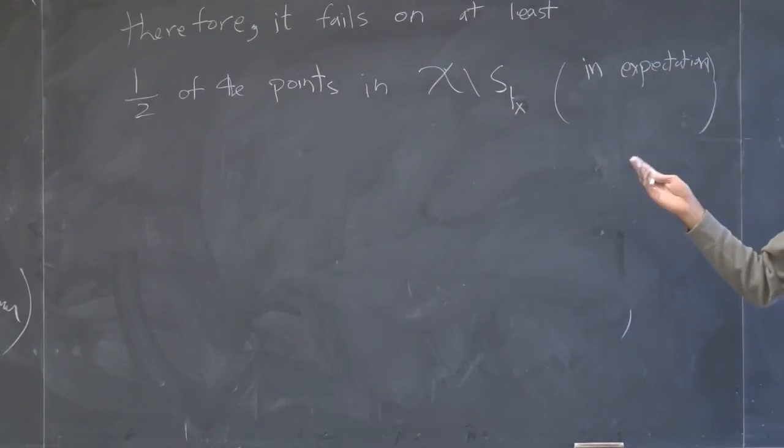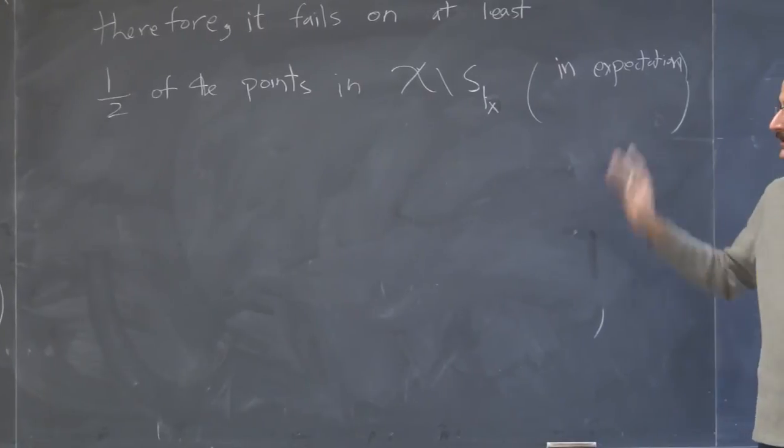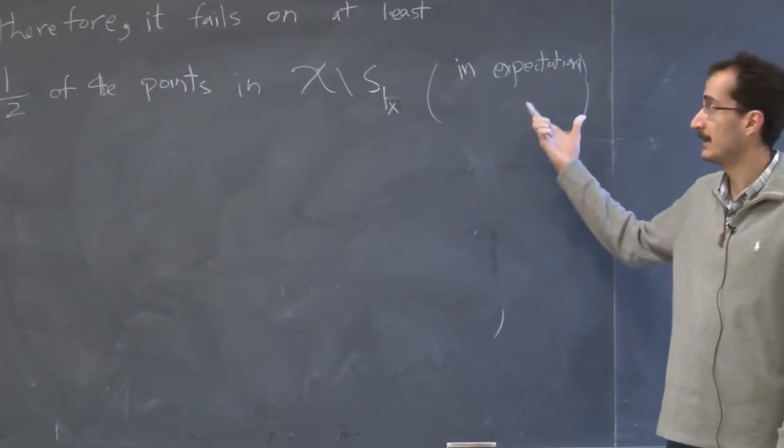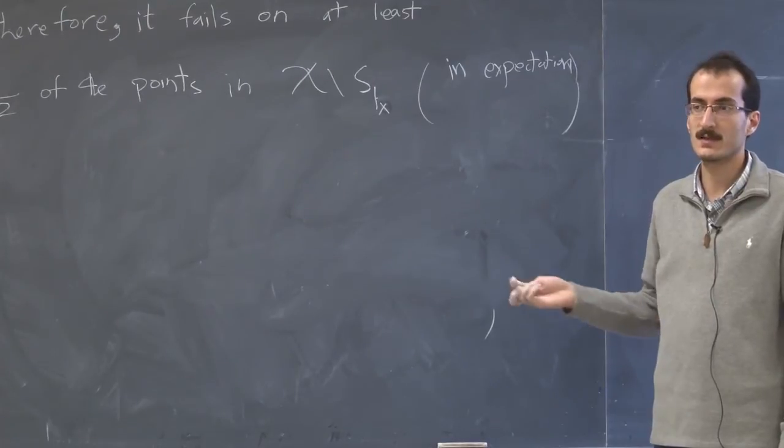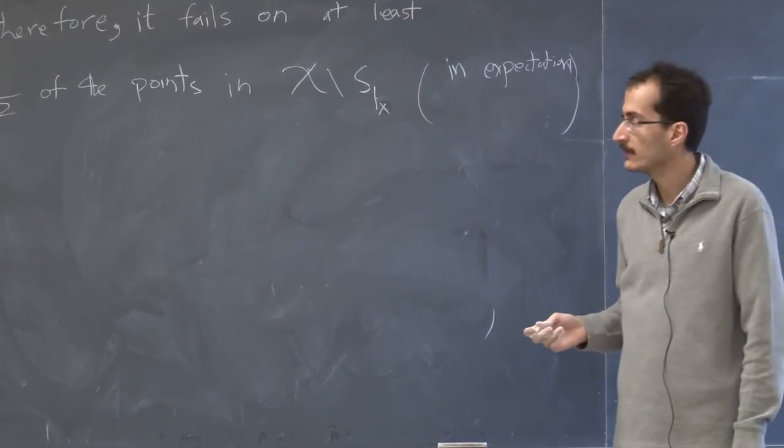So in half of the points that it has not seen, it can fail in expectation, because it cannot do better than random guessing.